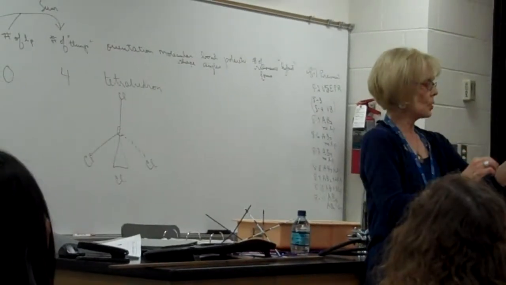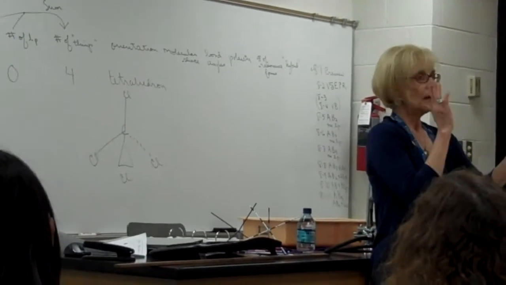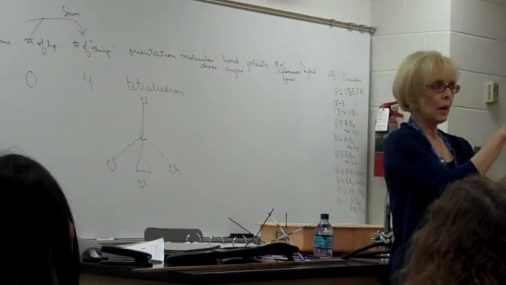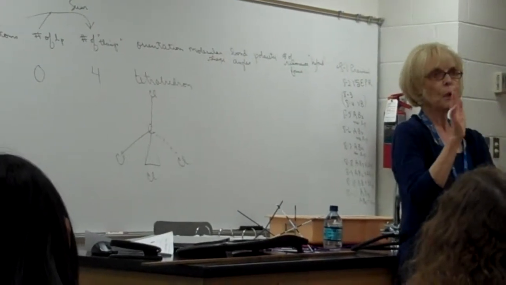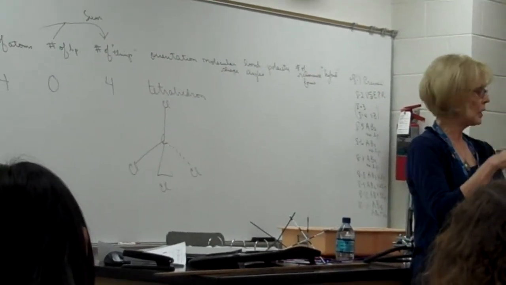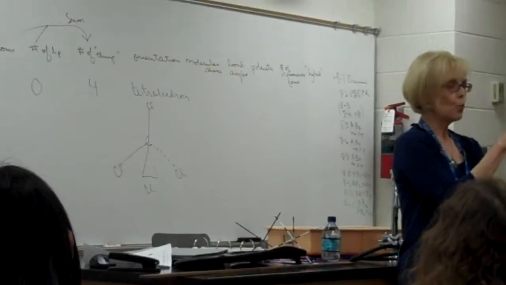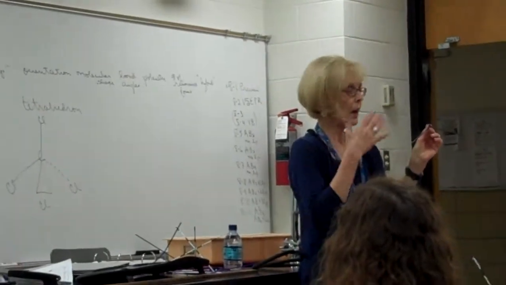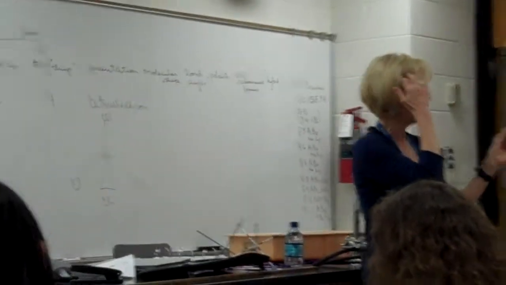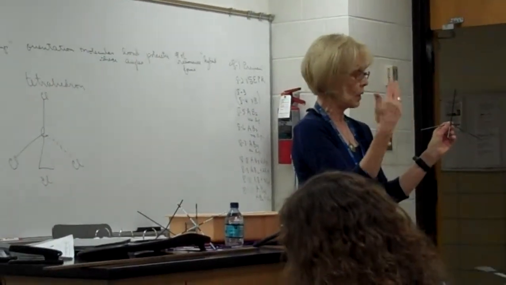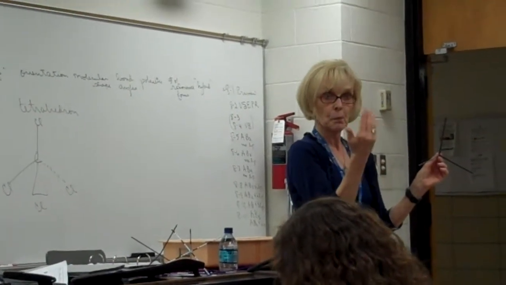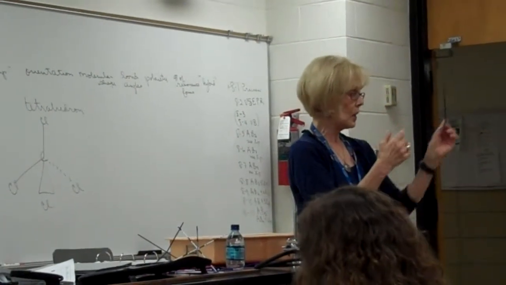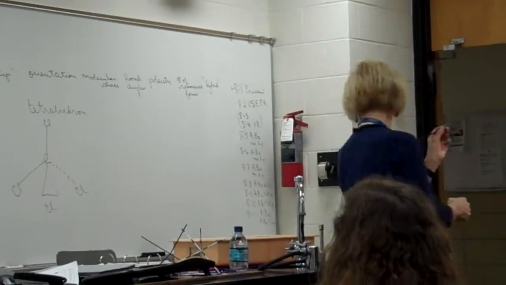Now, this is our tetrahedron. It's so much better because the bond angle here, this is probably one you don't know unless you've read ahead in the book. It's 109.5. Now, how do I know that? I've been working with these things so many years, it's in my head just like 180 and 120 is. But it's probably not in your head yet, because you don't see this in everyday life.